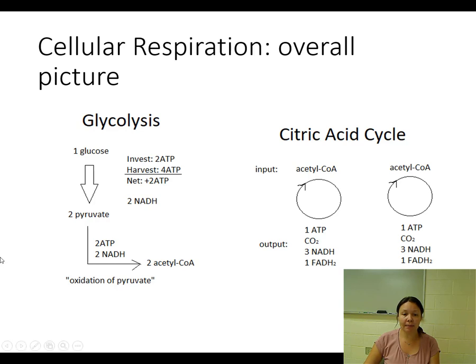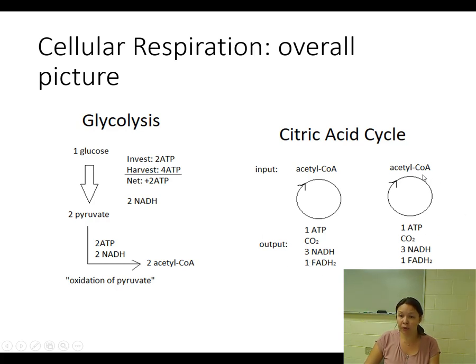There is a mini step called oxidation of pyruvate that happens just after glycolysis, where again we generate 2 ATP and 2 NADH, and we convert those pyruvates to acetyl-CoAs. Over here, each of those acetyl-CoAs goes through its own citric acid cycle, where the output of each cycle is 1 ATP, lots of CO2, 3 NADHs, and 1 FADH2.